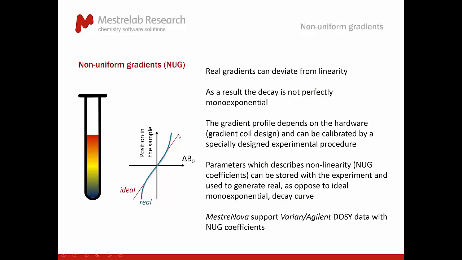So the red curve is the ideal curve you should see. However, the gradient coil, which creates these changes of the magnetic field, is not always perfect. Of course, the hardware manufacturer tries to make it perfect, but the real world is never perfect. So you have some deviations from the perfect behavior. So the real gradients could look like that.